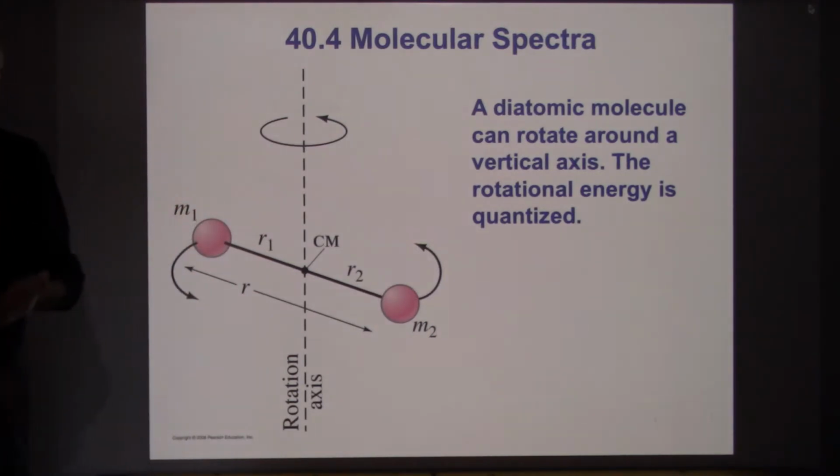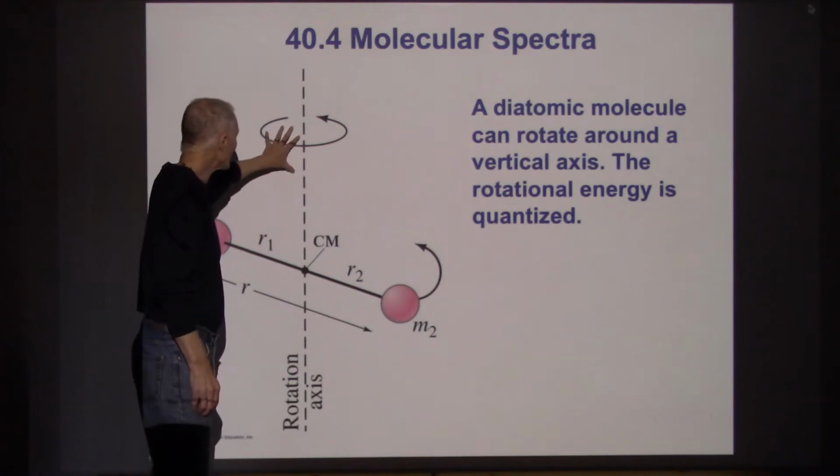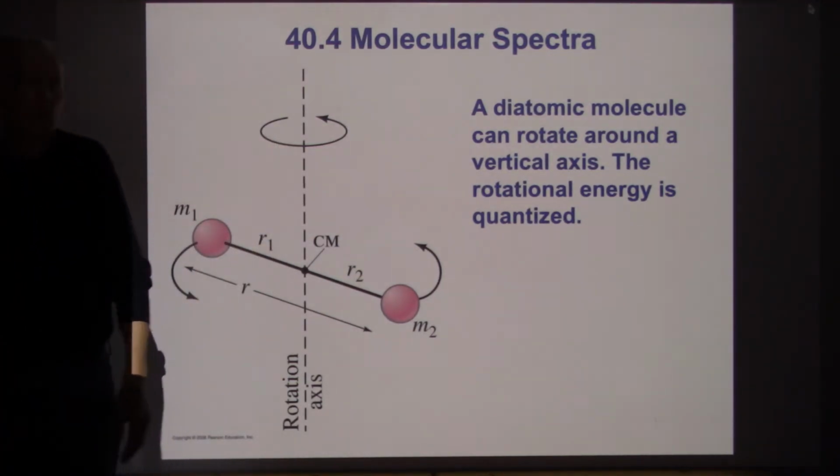In fact, we saw this back in thermodynamics when we were looking at chapter 18, energies of different compounds. We said that diatomics, in addition to translational energy, could have rotational and vibrational energies. And so that's what we're looking at here. And this becomes our axis of rotation for these diatomic molecules.